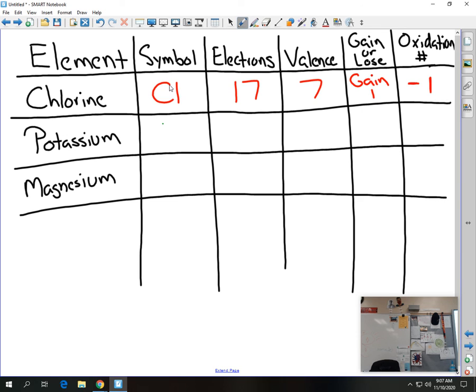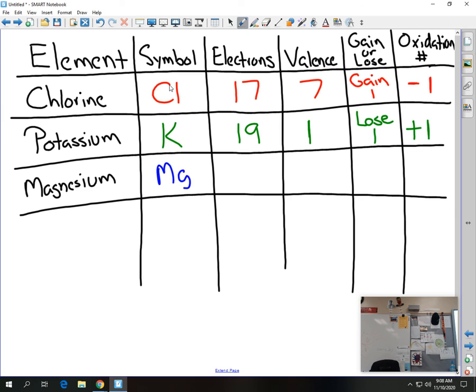Let's do potassium together. Potassium is K. Potassium has 19 electrons. It's in group 1, 1A, so it has 1 valence electron, which means it would like to lose that 1 electron, which makes it more positive by 1. And we can do one more example. We can do magnesium.